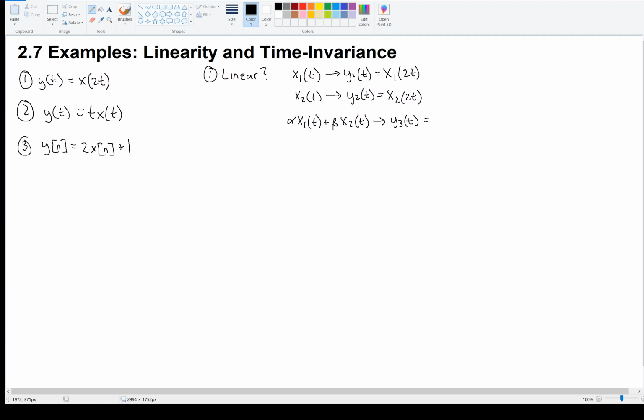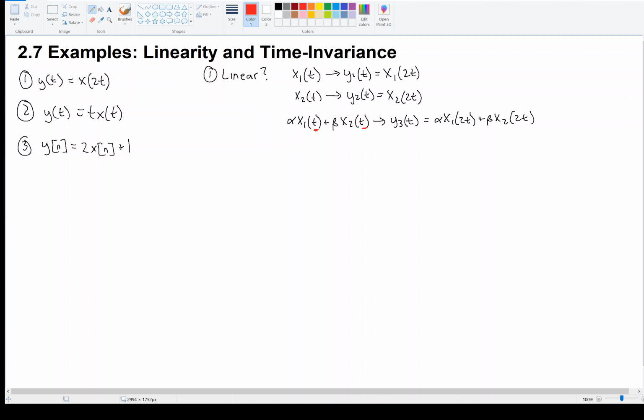Well, according to our system, we scale the time variable by 2, compressing the signal. So wherever there's a t in the input signal, so right here, I'll underline it in red, wherever there's a t in the input signal, I scale it by 2. So this becomes alpha x1 of 2t plus beta x2 of 2t.